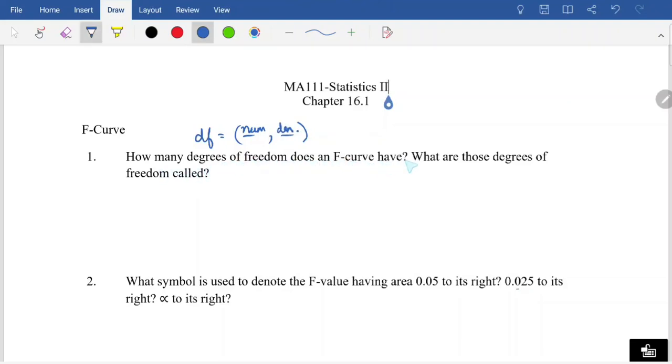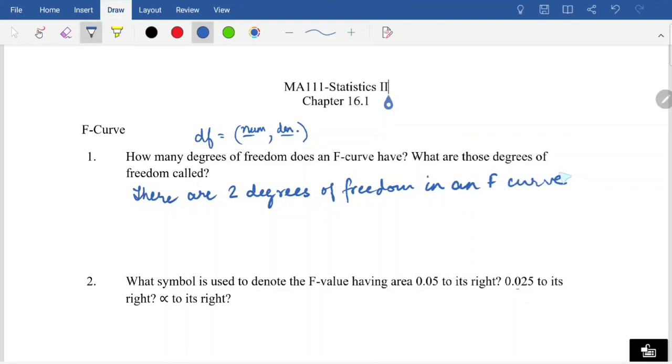So how many degrees of freedom does an F curve have? 2 degrees of freedom. So we should say there are 2 degrees of freedom in an F curve. What are those degrees of freedom called?